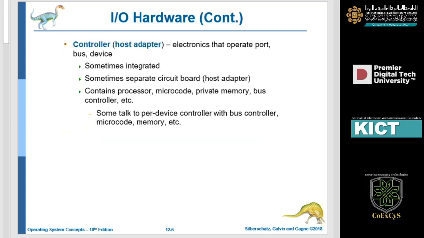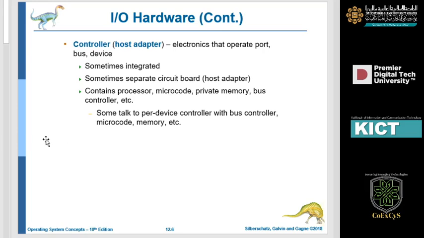In most cases, there is a controller, which is a collection of electronics that can operate a port, a bus, or a device. A serial port controller is simply a device controller to connect your serial interfaces. Usually it's a single chip in the computer that controls the signals on the wires of the serial port.